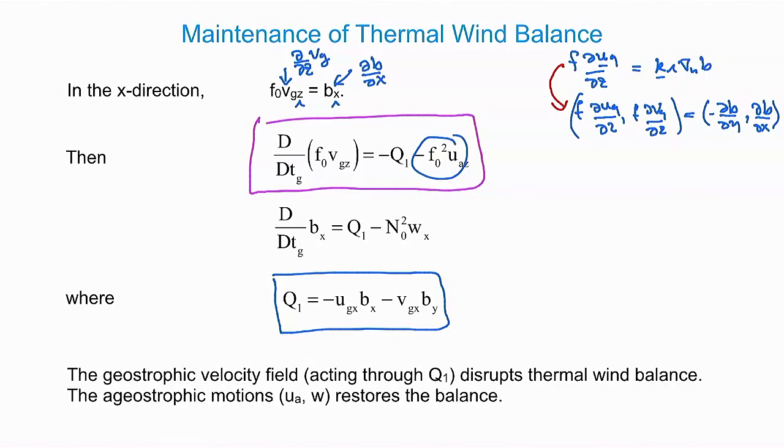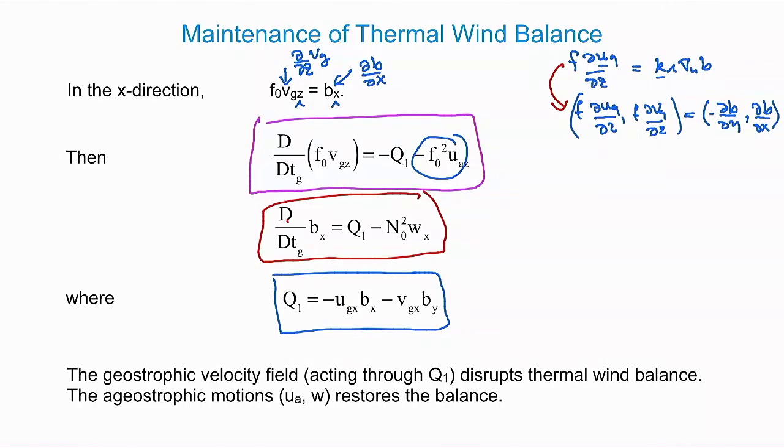All right, what's the big deal? Well, here's the big deal. The big deal is that if I do the same for the buoyancy equation, I get the following. D by dt of the buoyancy equals plus q1, whereas this has a minus q1. So what's happening here? Q1 is something involving geostrophic winds and potential temperatures.